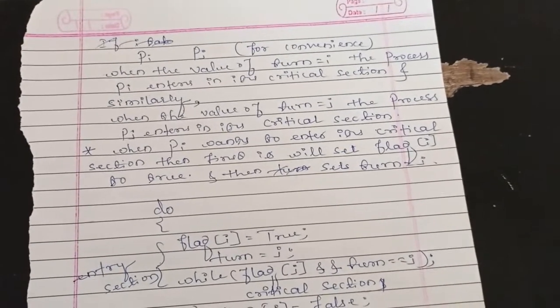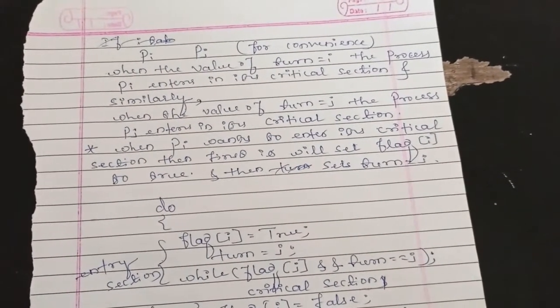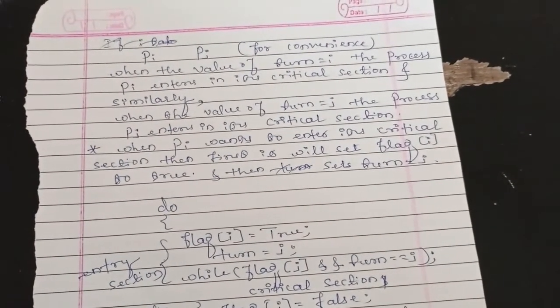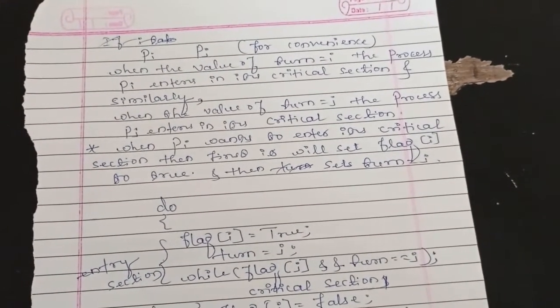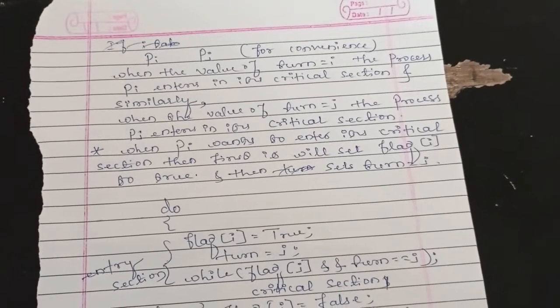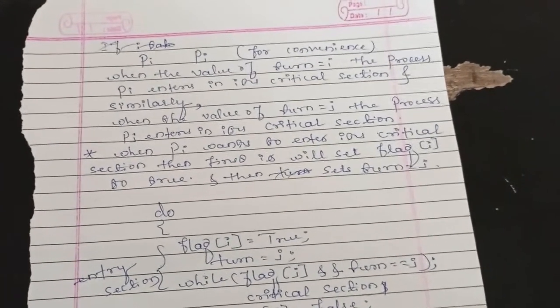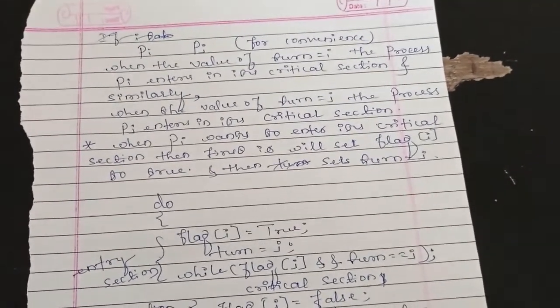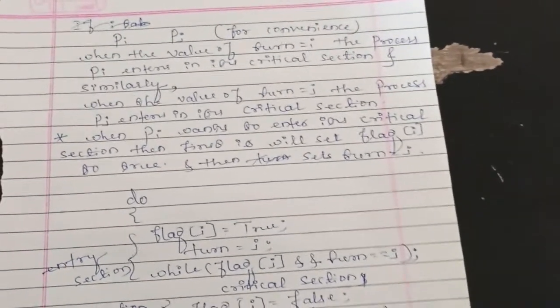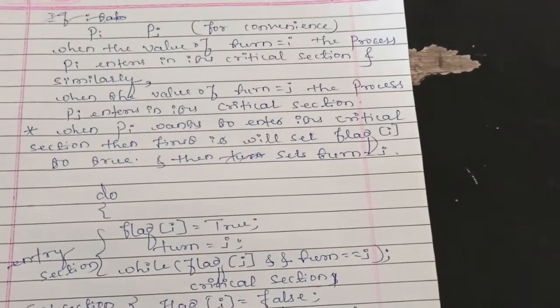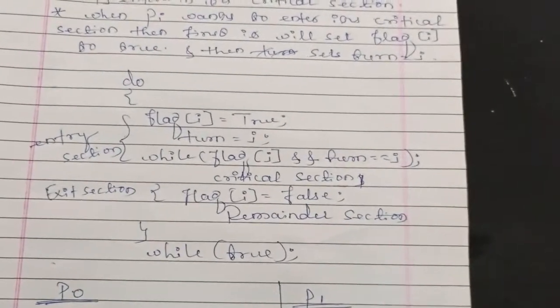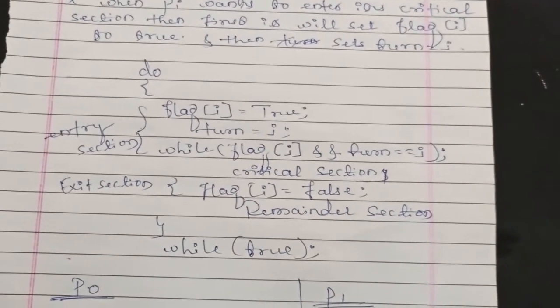When Pi wants to enter its critical section, it has to set flag of i equal to true. So whenever the process Pi or Pj wants to enter its critical section, it has to set the flag value as true. Okay, so now I hope you remember the Peterson solution.